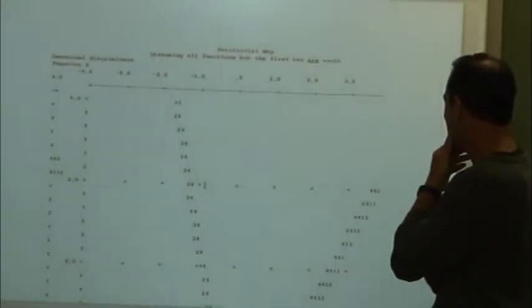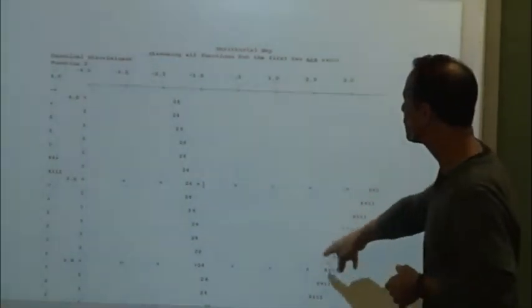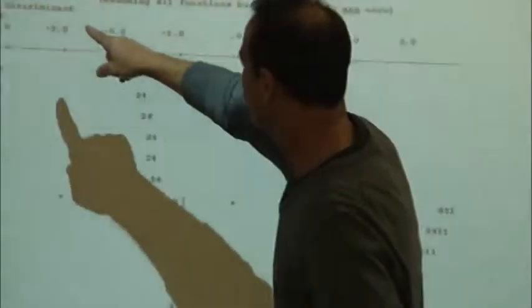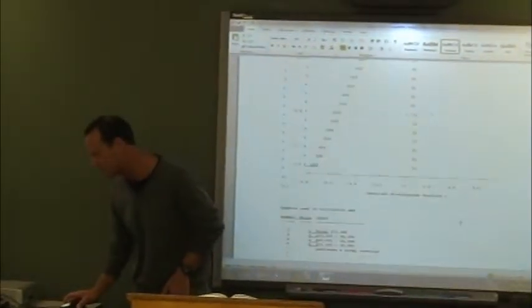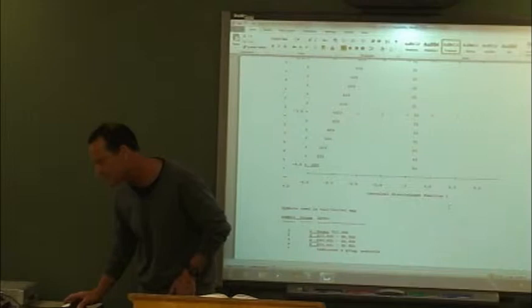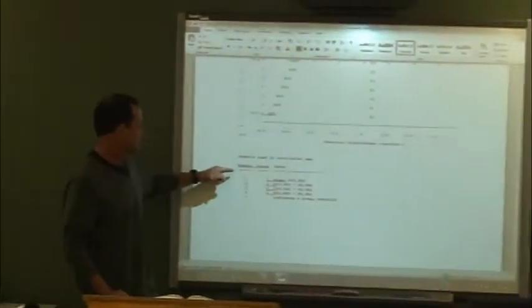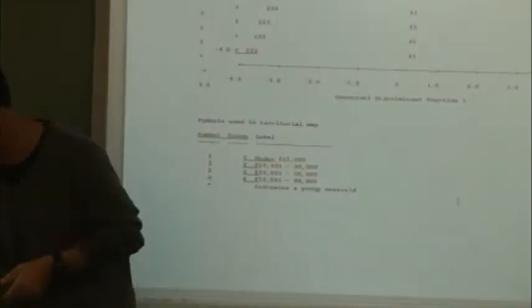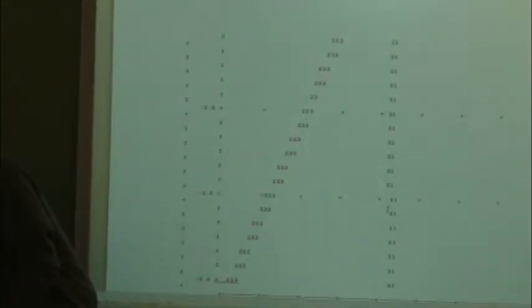So what you have is we know we have the groups, assuming all functions but the first 2 are 0. There's function number 2, and it shows me the relationships, where they're plotted in space compared to the centroids for each of the groups. And then this is just the first function. See here, the symbols are the 4 groups, and the asterisk is the group centroid. So let's find an asterisk anywhere here.